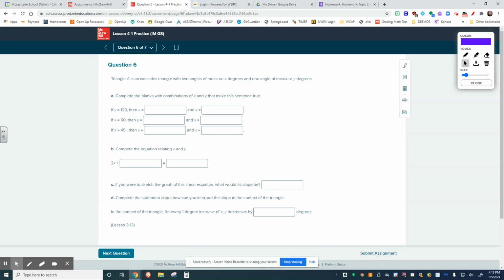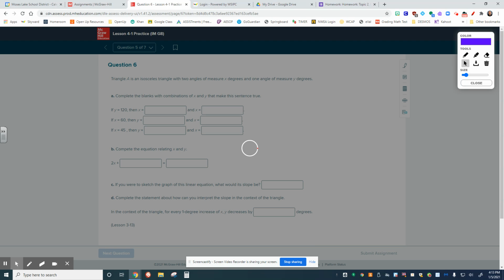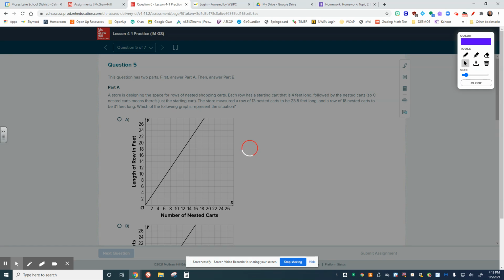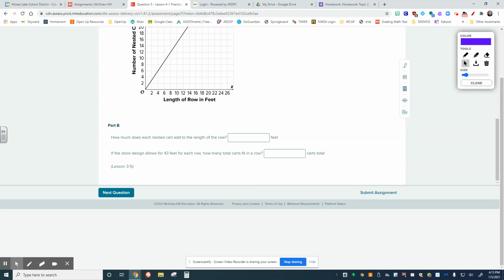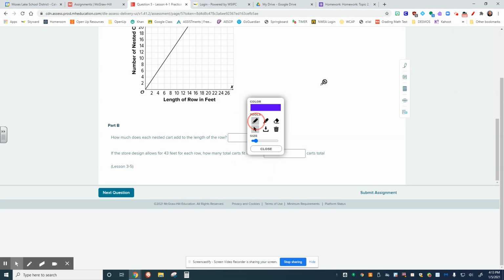Actually, wait a minute. I think 5 had 2 parts. So that's part A. Part B, how much does each nested cart add to the length of the row? We saw that earlier, 1.5 feet.